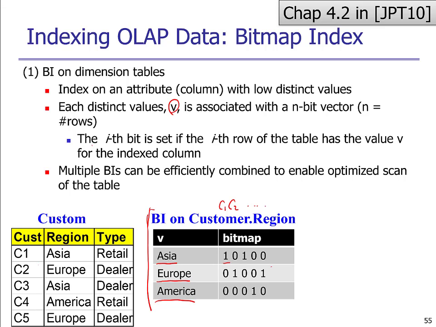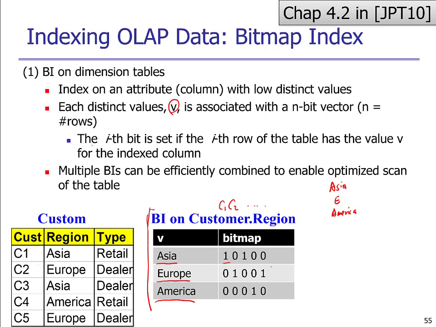We discuss this later, but let's compare this one with what we have already known, for example, the hash table. So in a hash table, what we do is we first list the hash keys. Here should be Asia, Europe, and America, right?